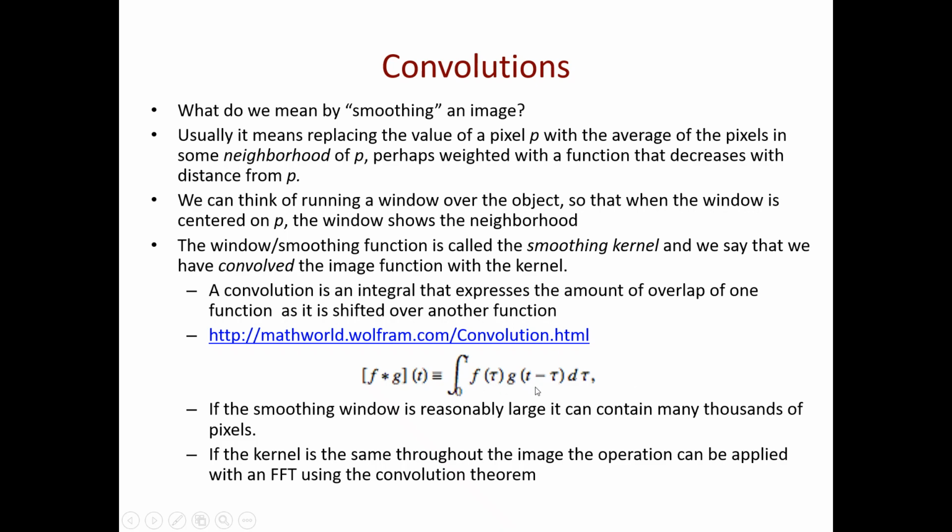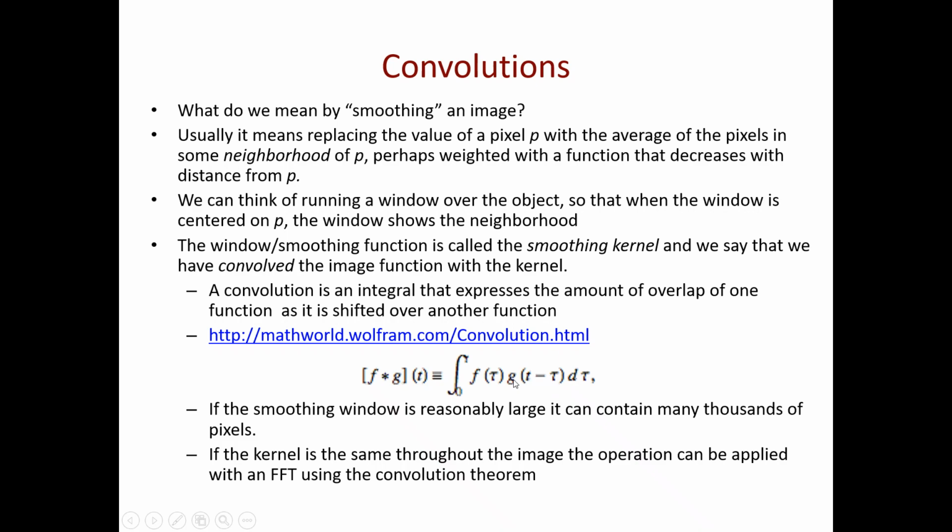Okay? And I will multiply the two and then integrate. Integration is summation. Okay? In two dimensions, I'm going to have a double integral, right? And I'm going to go over a neighborhood that is in both coordinates, right? So our images are typically 2D, right? So I'm going to have a double integral here and shifts in both directions.